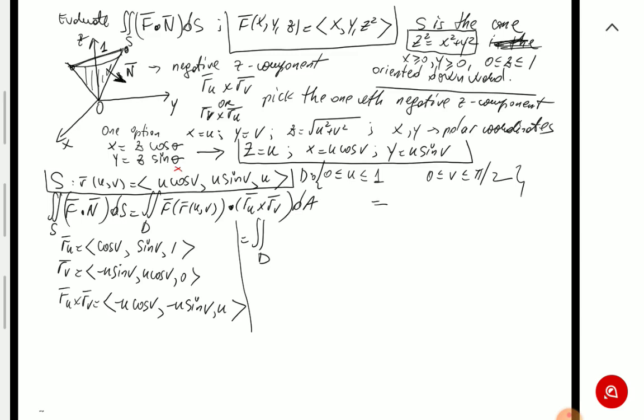So this is what we're going to replace x with, this is what we're going to replace y with, and this is z, right? z equals u. All right, so f of r of uv is going to be x, which is now u cosine of v, y, which is u sine of v, and then z squared, which is u squared.